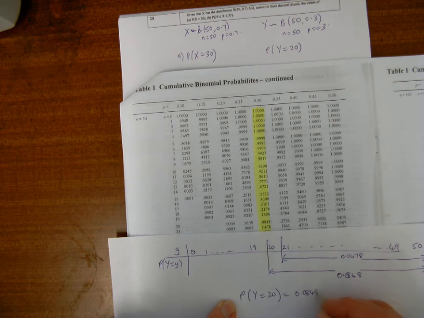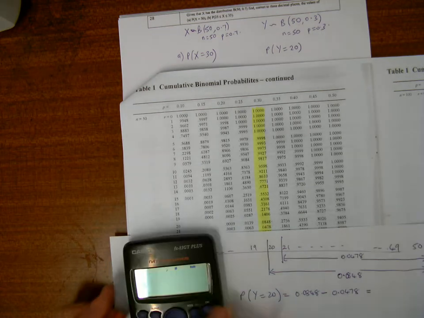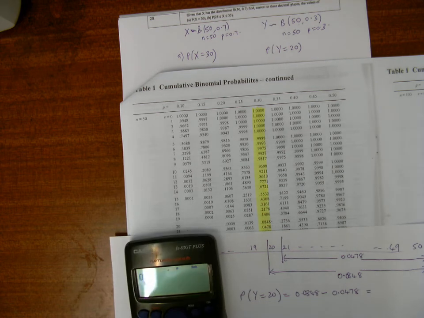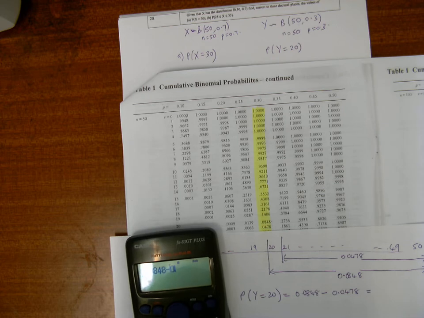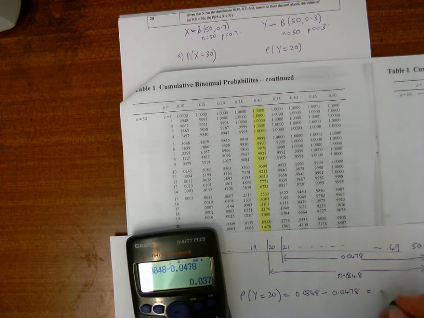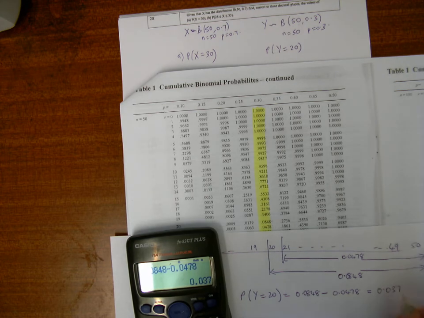So the probability that y is equal to 20 is 0.0848, take away 0.0478, and that gives me 0.037.